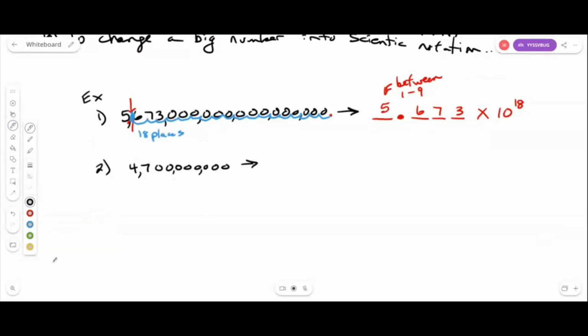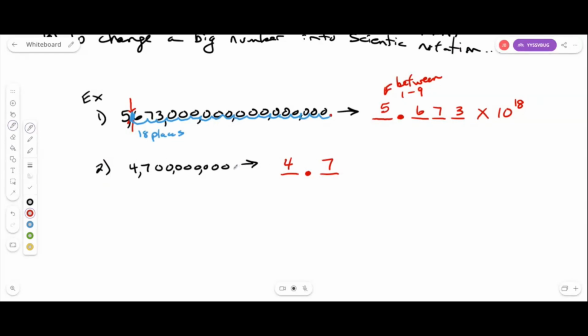So to turn this into scientific notation, I have to have one digit, a decimal point, and then any other digits that might follow. In this case, I only have a 4 and a 7. So the 4 is going to have to be here. The 7 is going to have to be here. So I don't need any other places, just those significant digits.